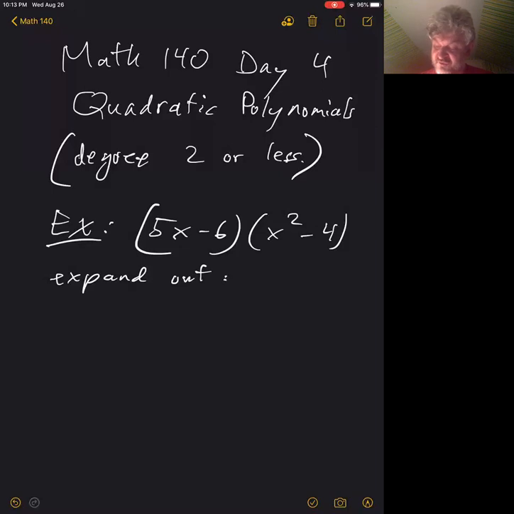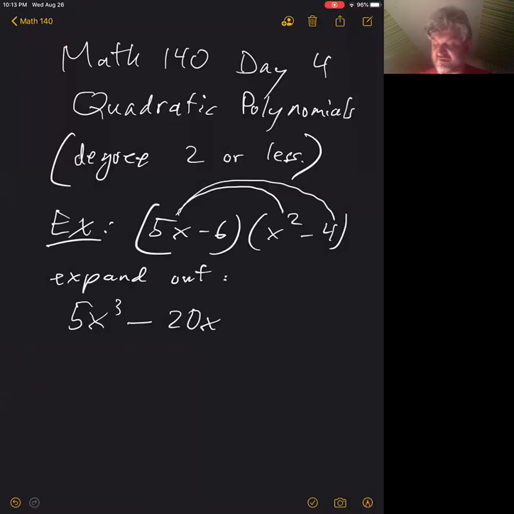times every term in the second factor. So we have got to do 5x times x squared, which is 5x cubed. Then we got to do 5x times negative 4, which is minus 20x.